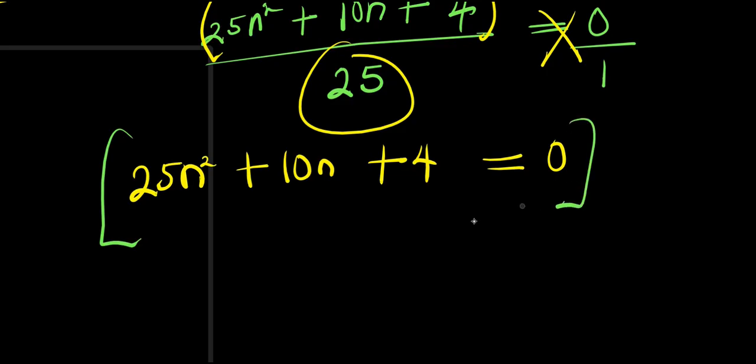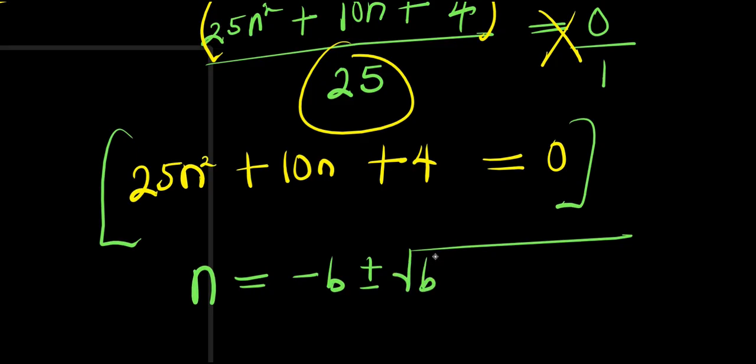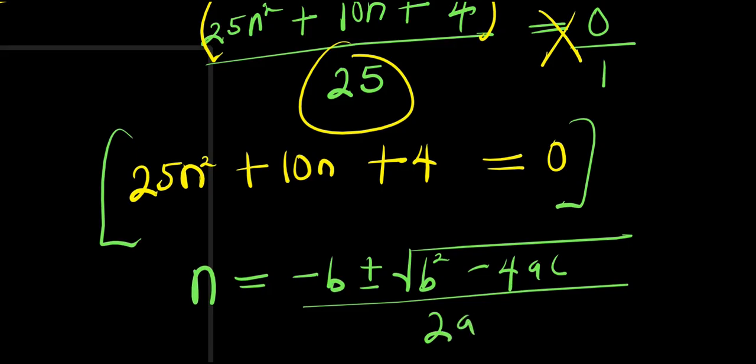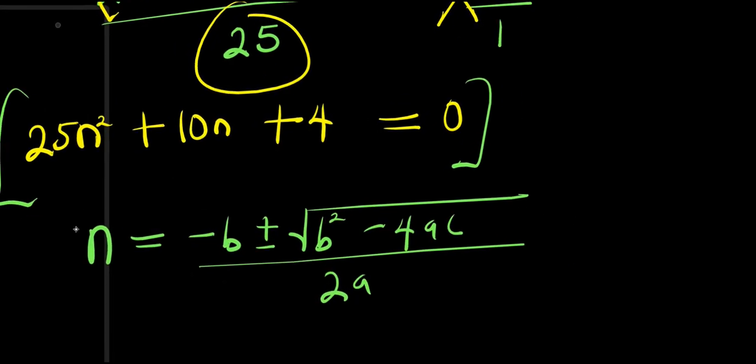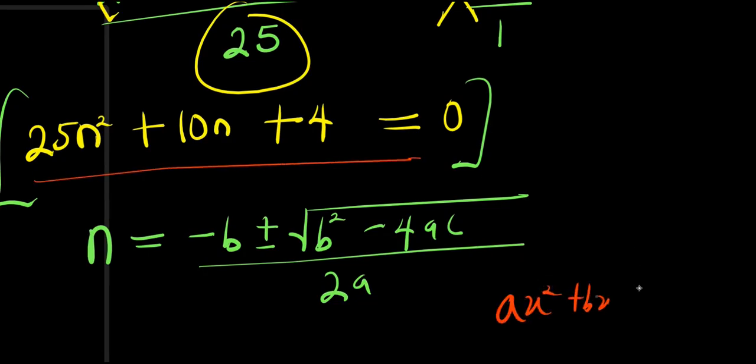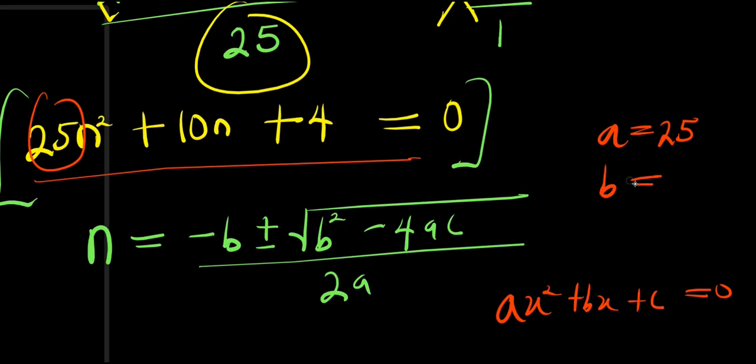So we need to solve this, and we can solve it using the formula method. That is n equals negative b plus or minus square root of b squared minus 4ac divided by 2 times a. If you compare this equation to ax squared plus bx plus c equals 0, that means this 25 here is our a, the coefficient of n squared. b is 10 and c is 4, the constant.